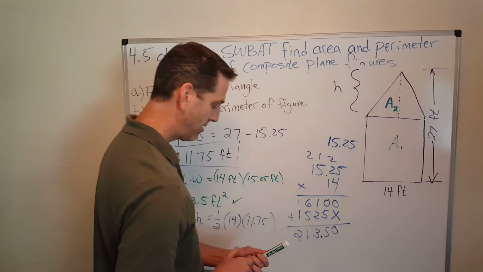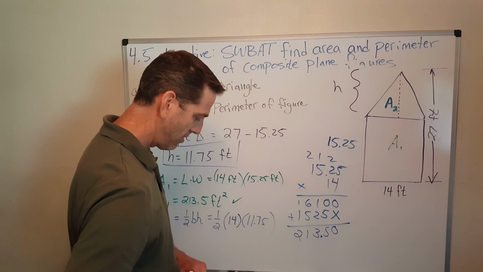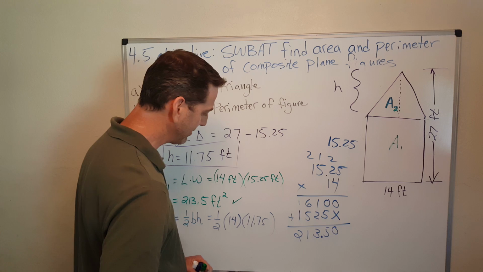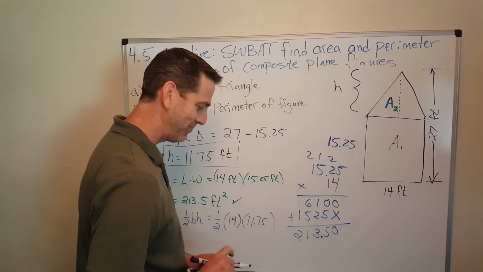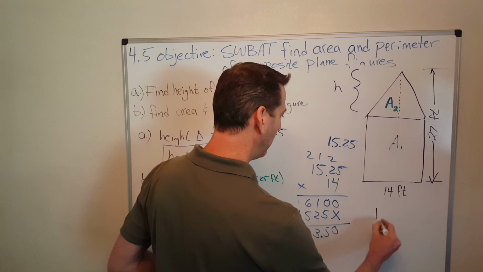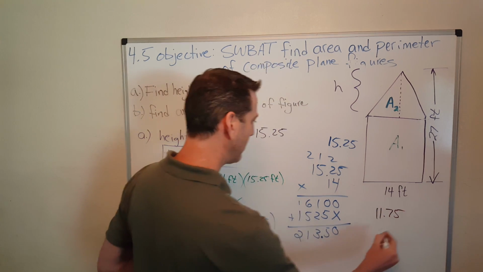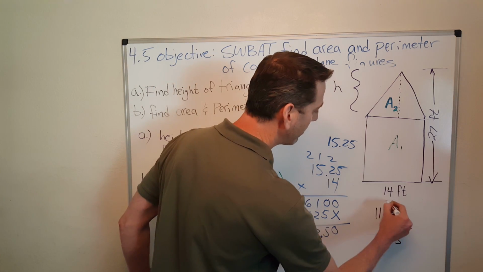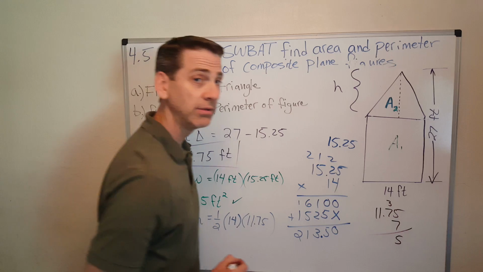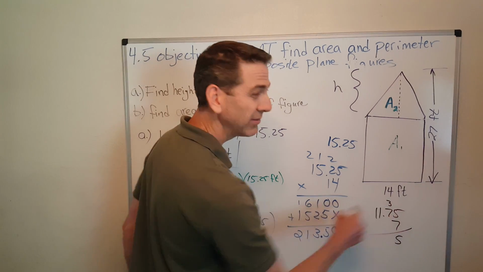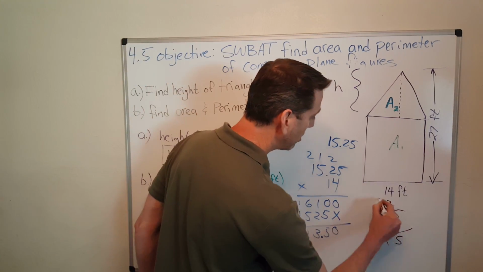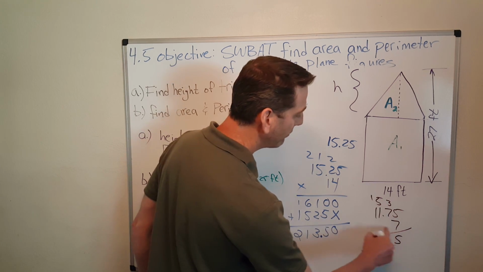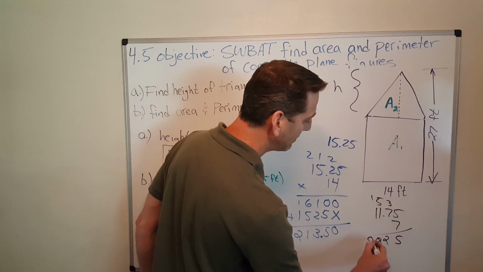Let's see what we would get. 11.75 times 7. 7 times 5 is 35. Carry your 3. 7 times 7 is 49, plus 3 is 52. 7 times 1 is 7, plus 5 is 12. 7 times 1 is 7, plus 1 is 8.